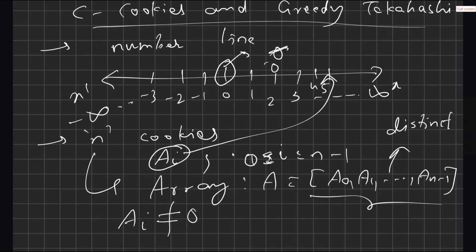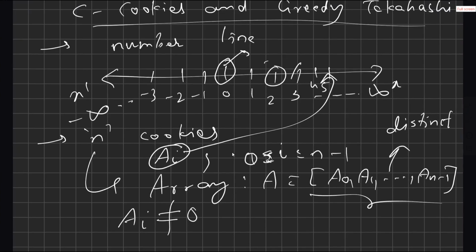We can have a cookie at position 2 and a cookie at position 3, but not at the same location. And we also cannot have a cookie in between, like -1.5. That is not the case.